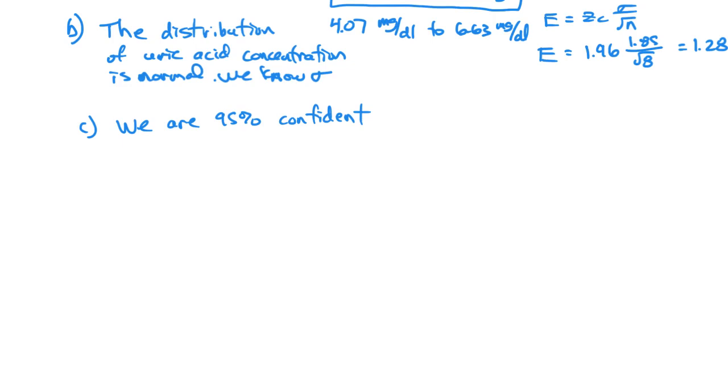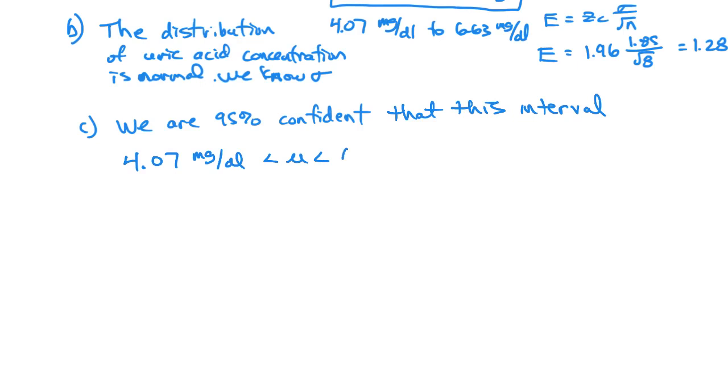Some of you may have taken AP stats or some other stats class, and another common way to say this is there's a 95% chance. But I'm just going to say it the same way all the time, just so it's easier to learn. So I'm going to say we are 95% confident that this interval, I'm just going to write down the interval, and I'll put the units in it this time.